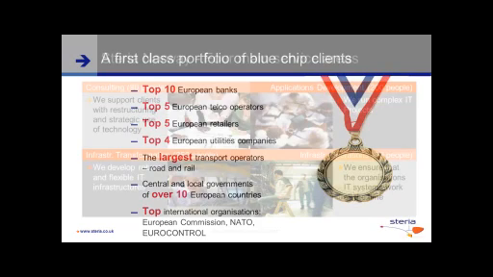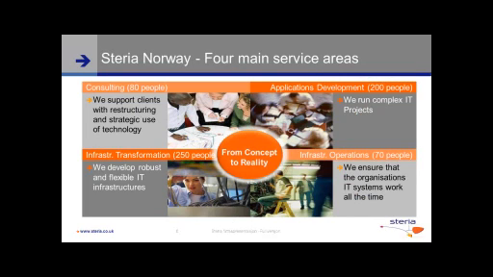So our sister company in Norway, it's a reasonably large organisation. There are somewhere in the region of 500 staff, based into 4 areas: consulting, actually working with our clients to promote the strategic use of technology; applications development, where we look after complex IT projects and actual coding; infrastructure transformation, where we're looking at building new IT infrastructures for the customers; and then infrastructure operations, where we're running those IT systems.